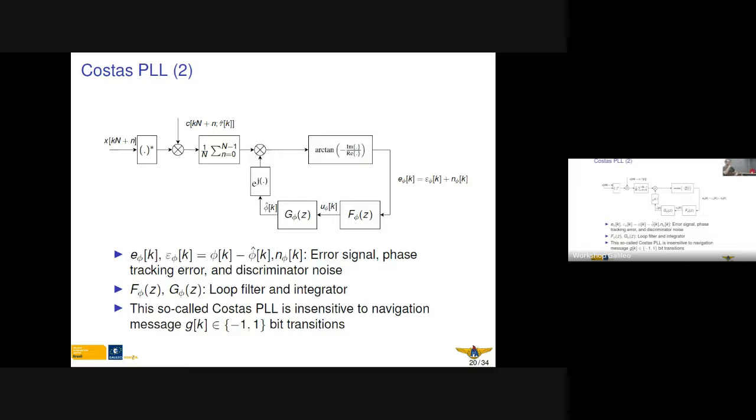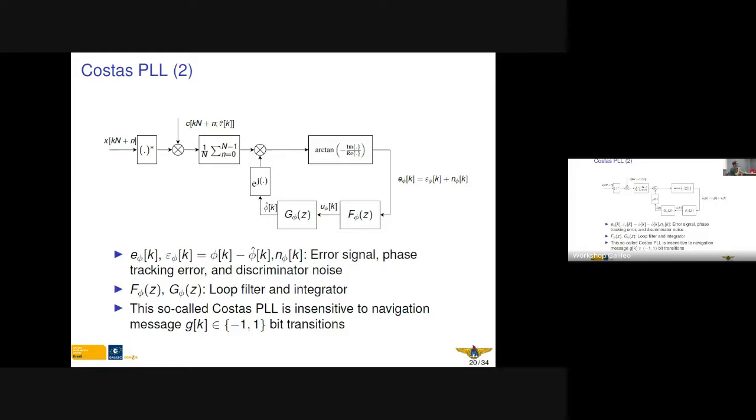And that's why the minus appears inside the arctangent discriminator. At the output of the arctangent function, we have then also an error signal, E of phi, and epsilon of phi, which is the phase tracking error. So this is phi minus phi hat. And we have some discriminator noise.